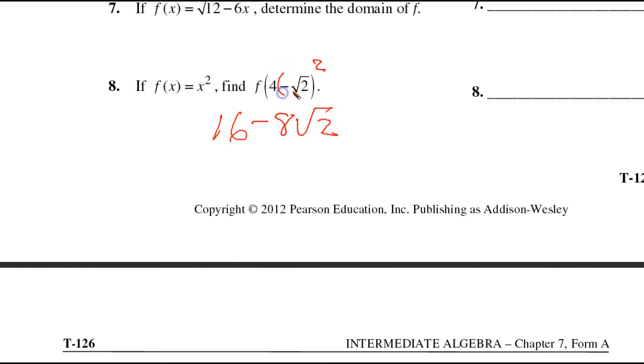And then we square this, which will give us a negative times a negative will give us a positive. Square root of 2 times the square root of 2 is the square root of 4. And the square root of 4 is 2. So now we have two like terms. This becomes an 18 minus 8, the square root of 2.